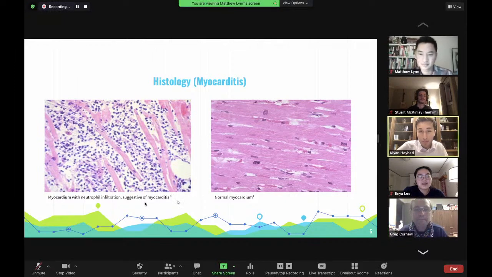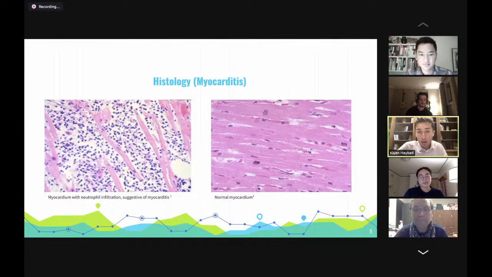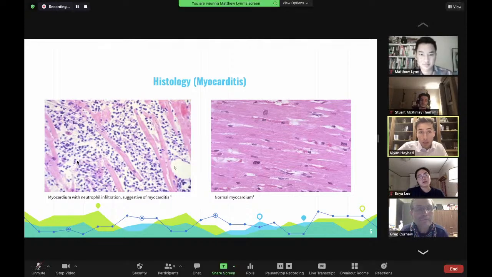Yes, exactly. As Dr. Curnew mentioned, right now we're in the thick layer called the myocardium. Under the microscope with the H&E stain, we can appreciate the individual cardiac muscle and also the muscle tissue. On the right side of the screen, you see the normal myocardium. Those fibers are all the cardiomyocytes.